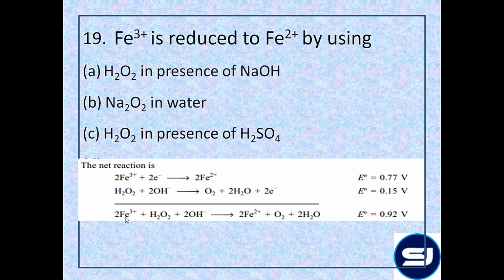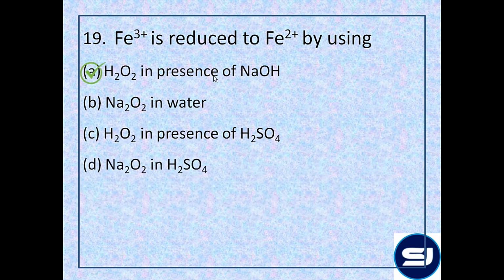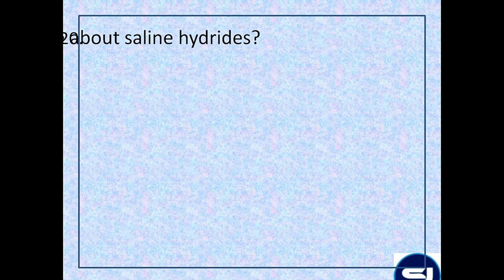And the overall reaction of ferric with peroxide in alkaline medium giving ferrous and O2 and 2H2O will have the E0 value positive of magnitude 0.92 volt, indicating that the reaction is feasible or possible. So Fe3 plus would be reduced to Fe2 plus only by peroxide in alkaline medium, and that's why the correct option will be A and B.